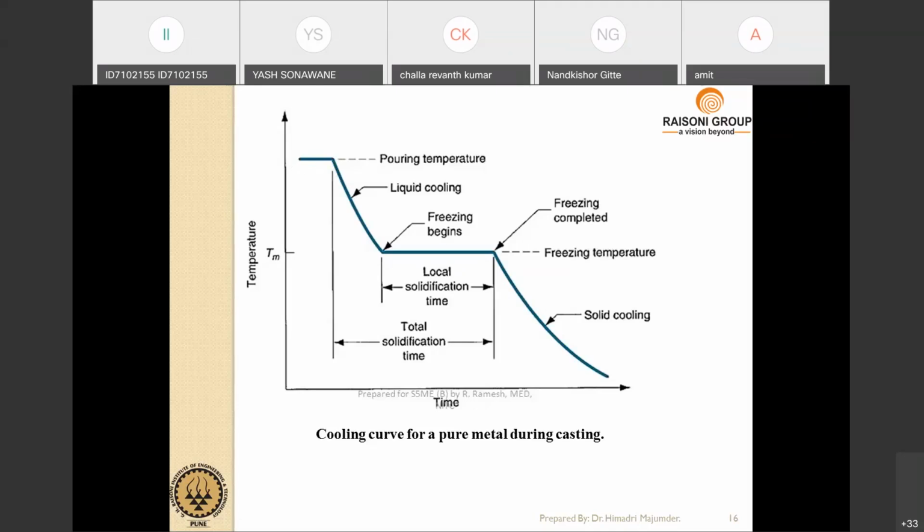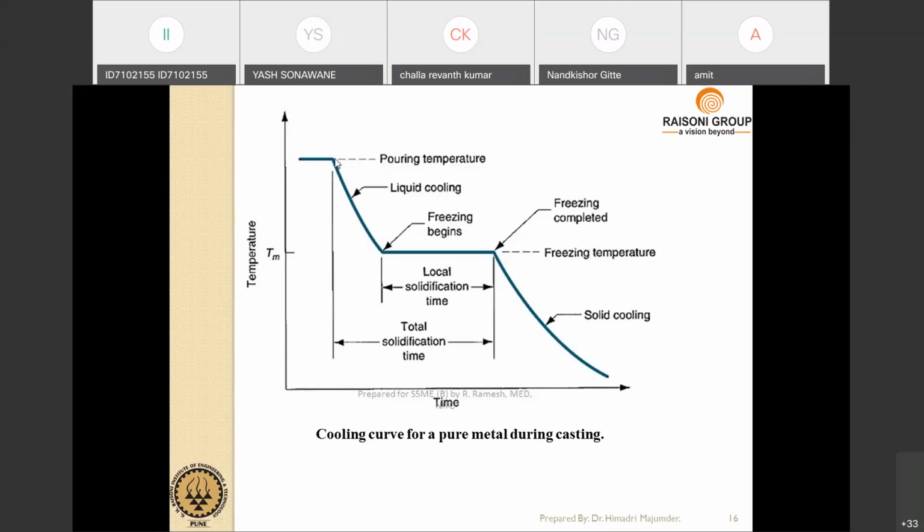When you pour, it slowly gets solidified, and cooling has started. When you melt the material, you need to increase the temperature. After that, when you pour the material into the die cavity, you are reducing the temperature; you are giving some time for the temperature to reduce.